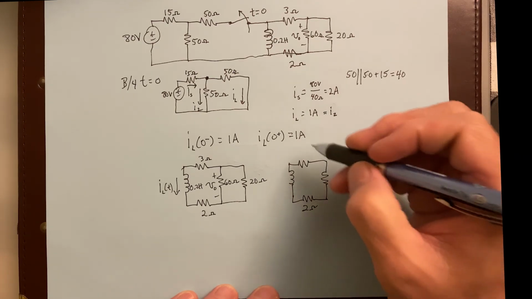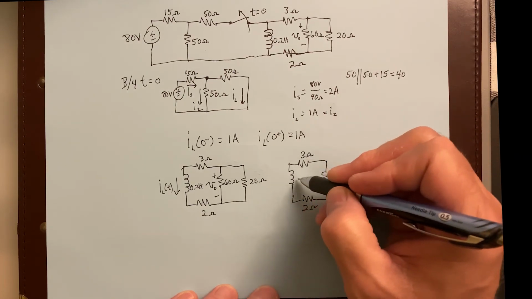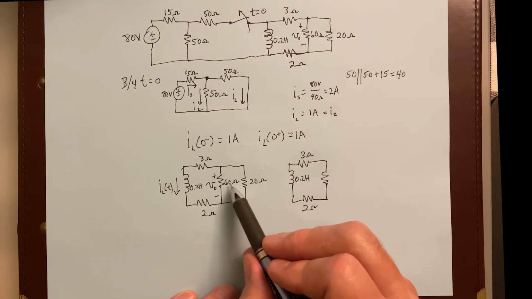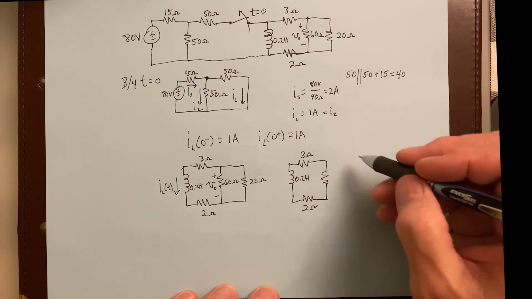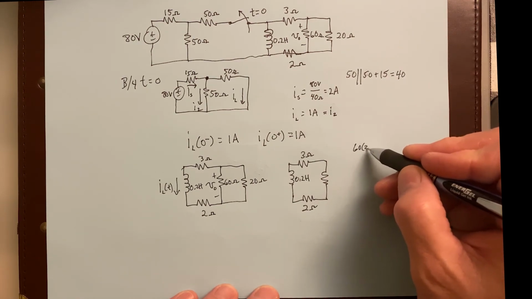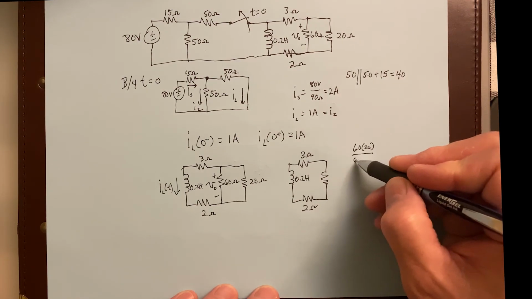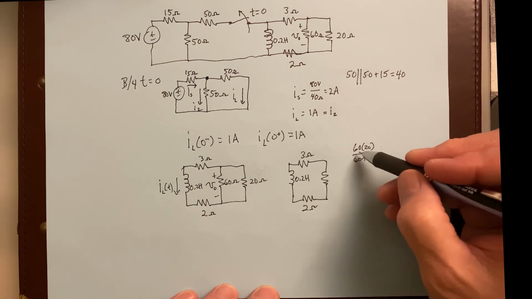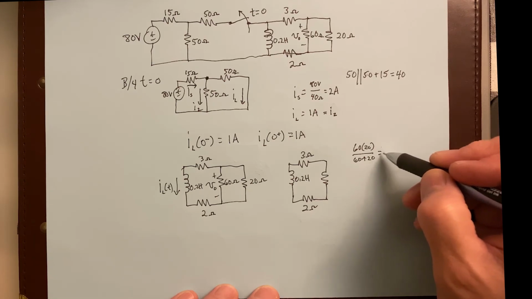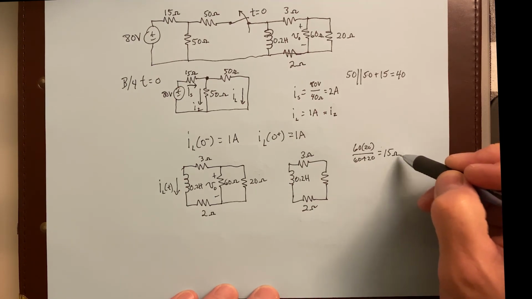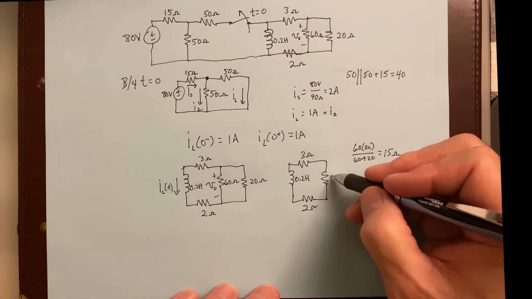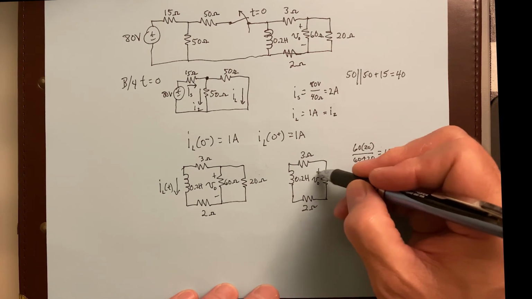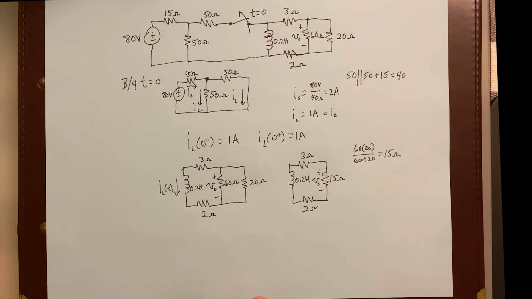So there's the 2 ohm, here's the 3 ohm, that's our 0.2 Henry. And this is going to be 60 and 20, so that's 60 times 20 over 60 plus 20. Do that math, and that's going to be 15 ohms. So this is a 15 ohm, and that's our V naught right there.